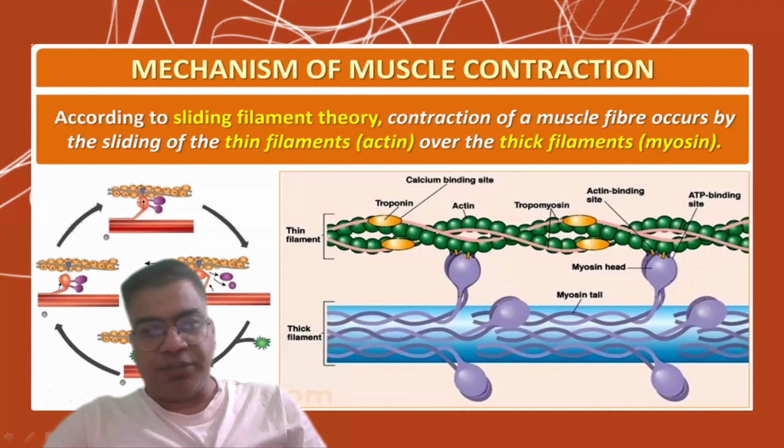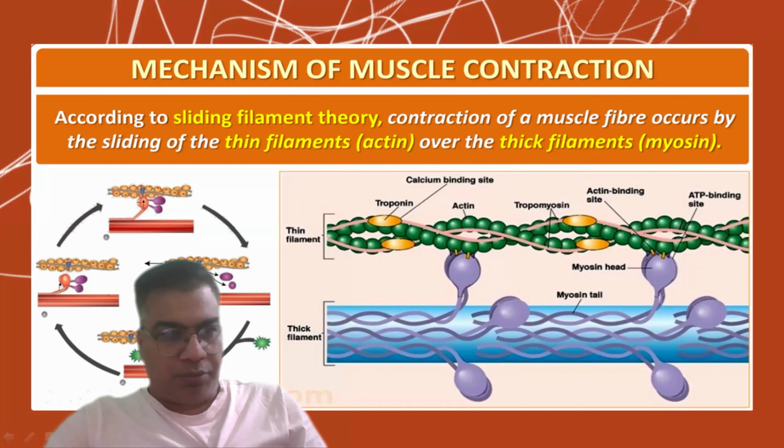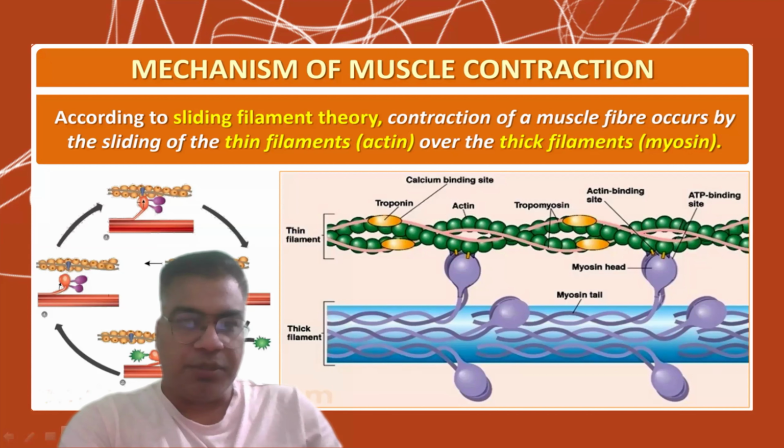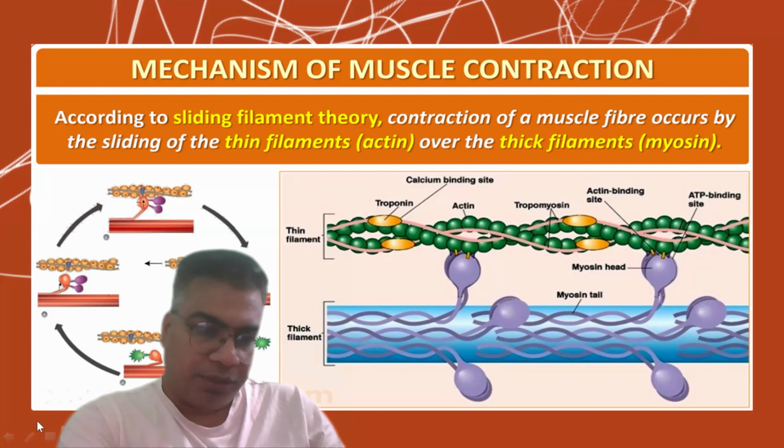Now come to the mechanism of muscle contraction. According to sliding filament theory, contraction of muscle fibers occurs by the sliding of thin filaments over the thick filament.